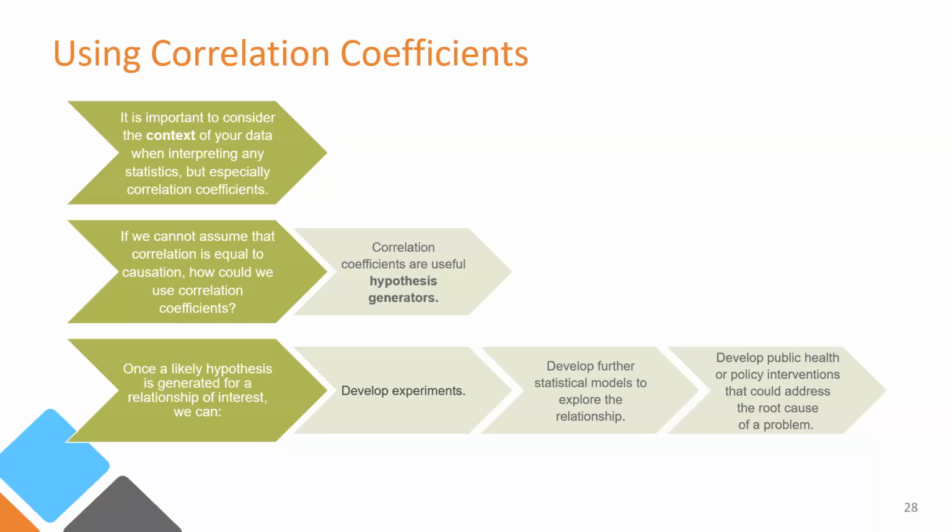Once we've generated a likely hypothesis, we can develop experiments to prove or disprove it, develop further statistical models to explore the relationship, or use the health equity dashboard to explore it, which I will give an example of later. And then once we've found a likely one, we can develop public health or policy interventions that can address the root cause of the problem. Next slide, please.